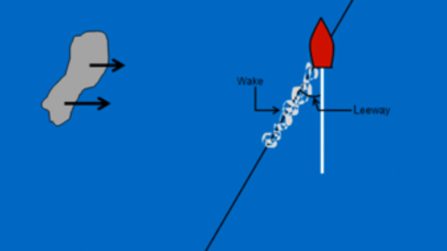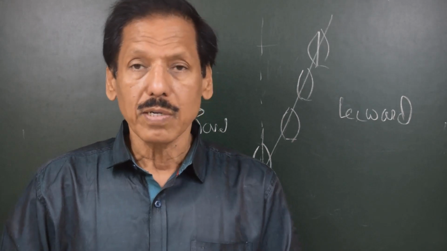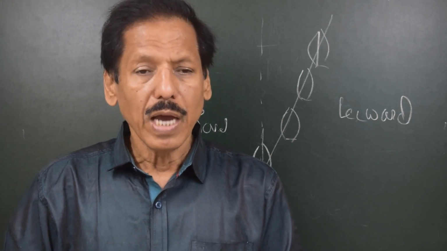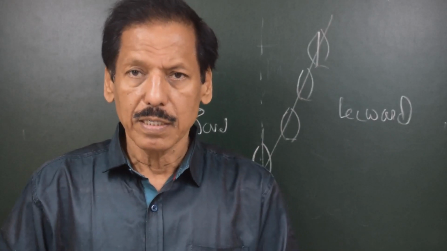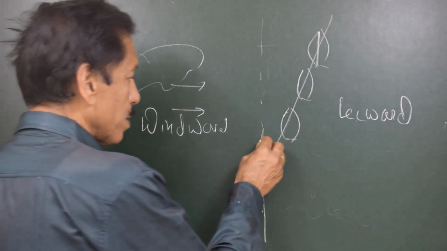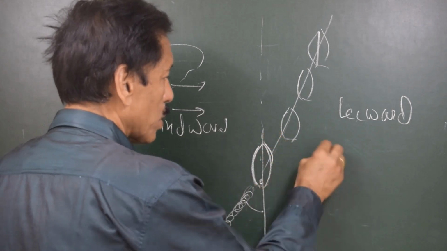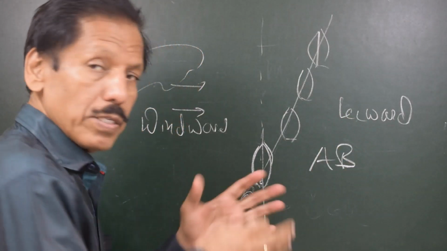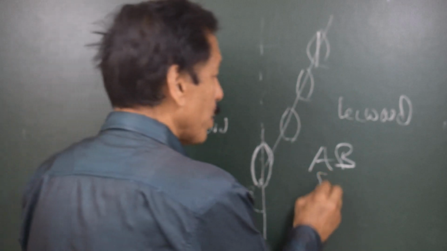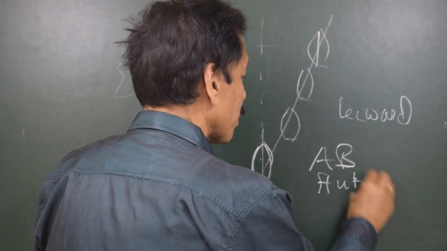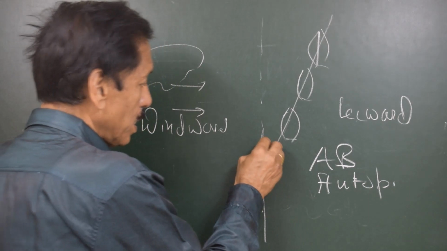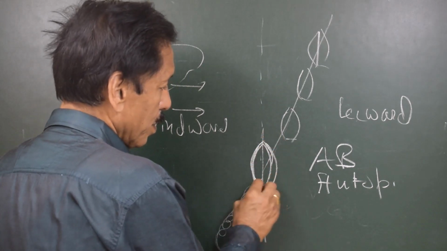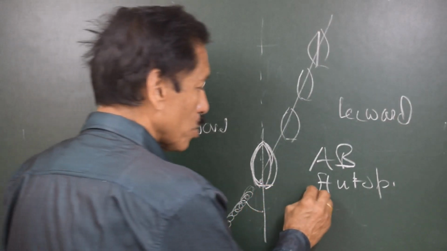When we talk about the course steered, course made good triangle, we have different sides of a triangle to deal with. Now the heading which an AB steers, or AB is told to steer, or the heading on autopilot, that is this heading, is called the small arrow line.